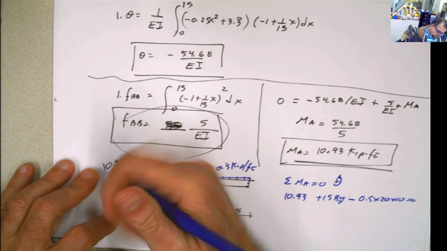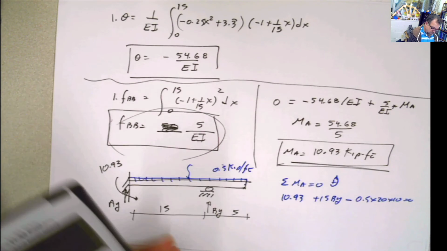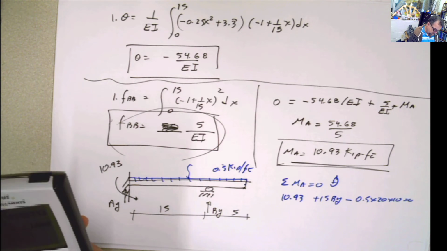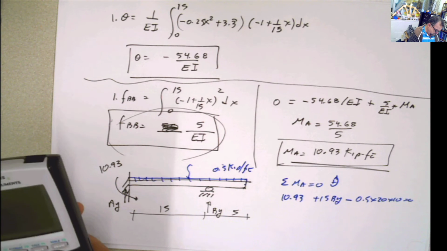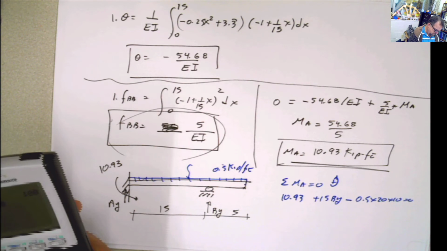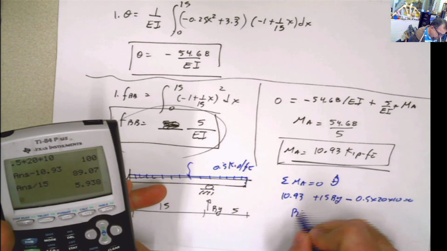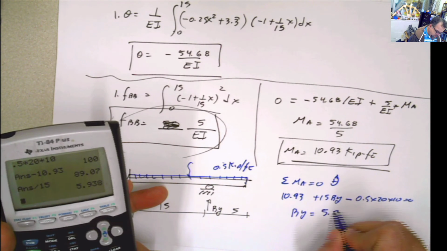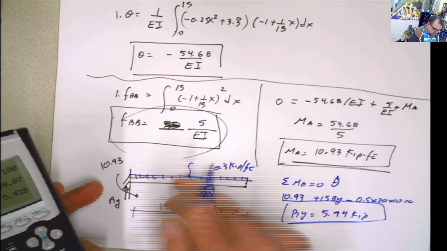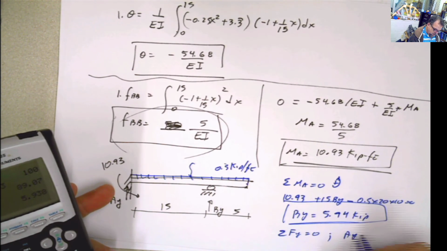And this is positive 10.93 divided by 15, which gives 5.938, so 5.94 kip. If we do summation of forces in y equals 0, then AY has to be equal to 10 minus that.